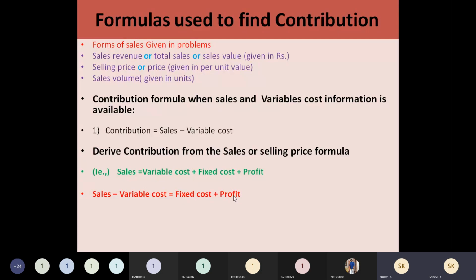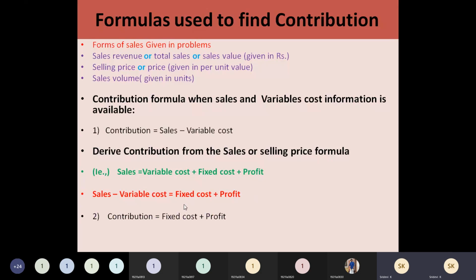So that means two formulas we can obtain for contribution. One we have already seen, sales minus variable cost, as the first formula. Now you can take the second formula as fixed cost plus profit. Sometimes there won't be any information related to sales and variable cost. You will only see fixed cost and profit in the problem.